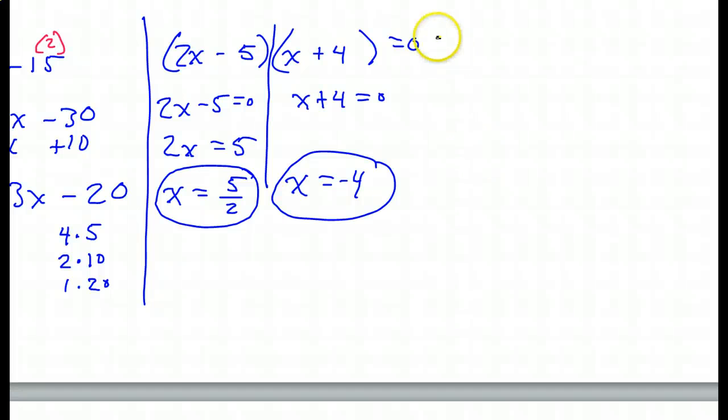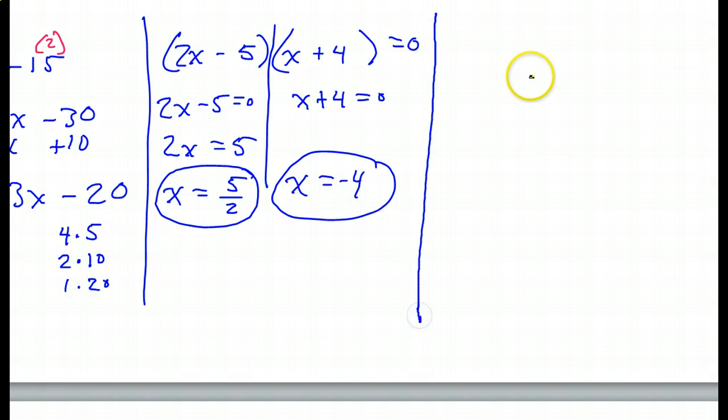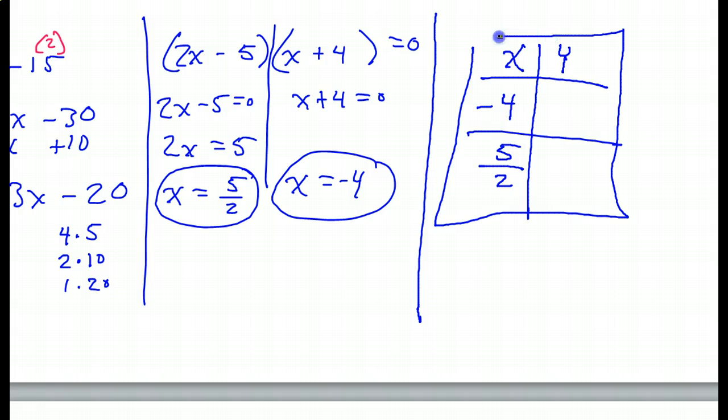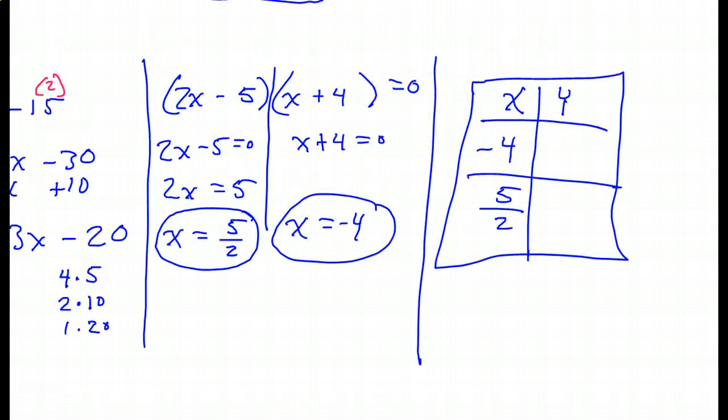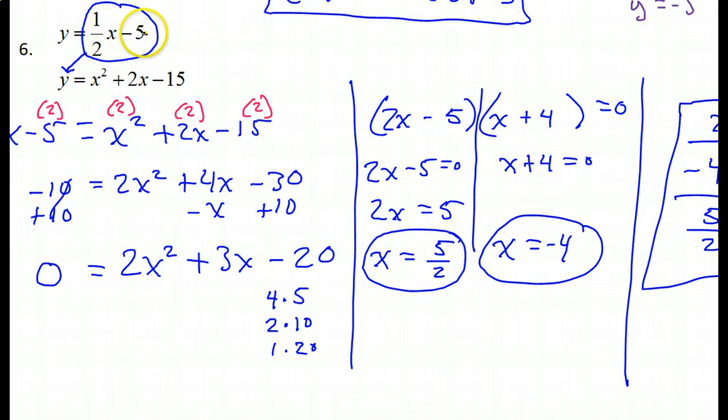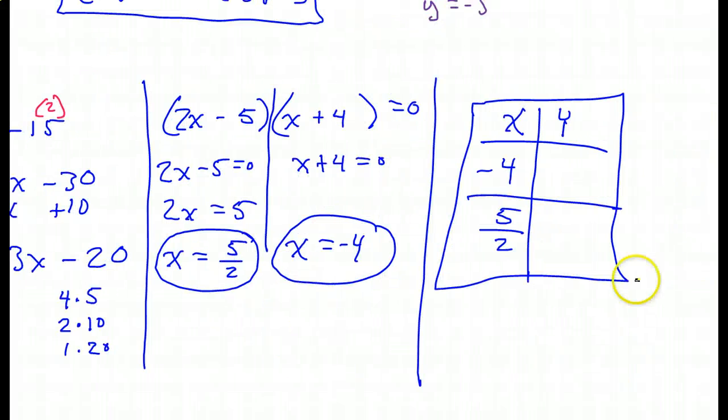Now I just need the y values to go with them. So my x values are negative 4 and 5 over 2. Let's see. There is a simple y equation I can use. It's 1/2 x minus 5. So let's just use that.